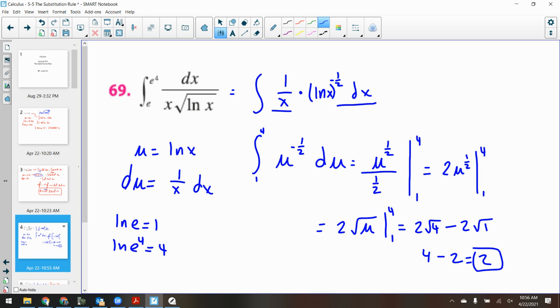You don't know how to do 30? Number 30, maybe I can give you some pointers. Make u tangent x, and then du is going to be secant squared x. That's just a tricky trait.